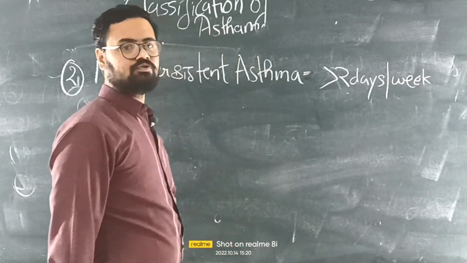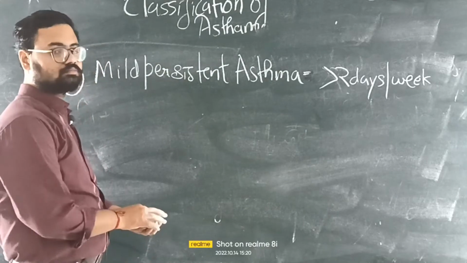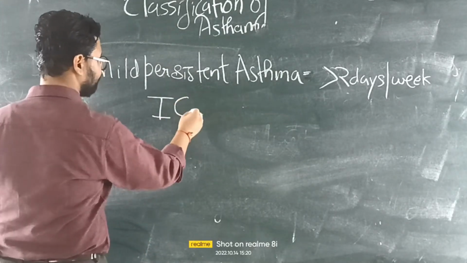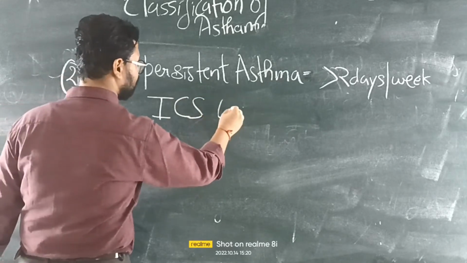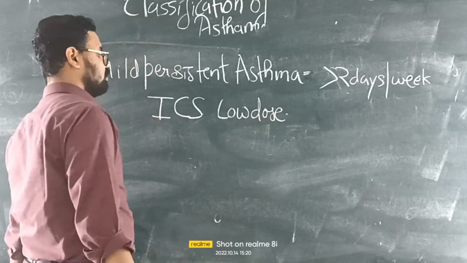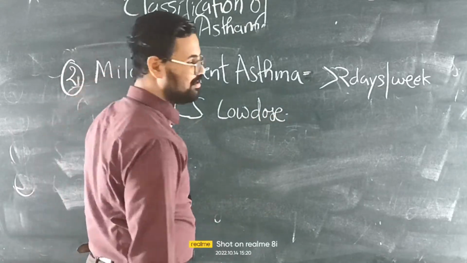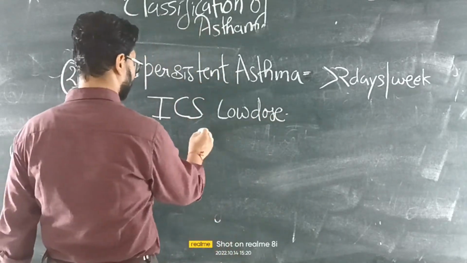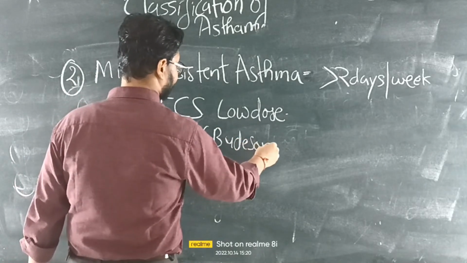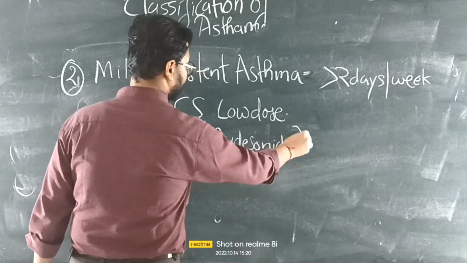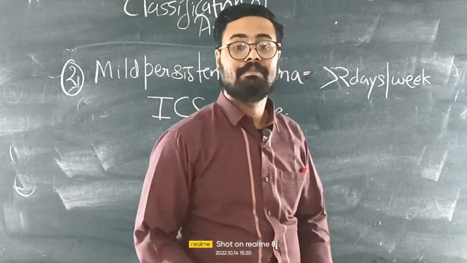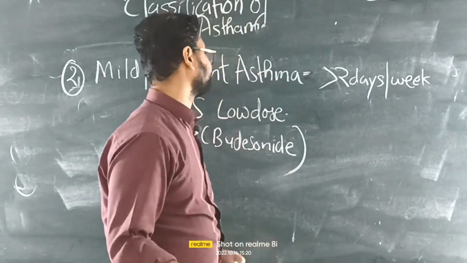What will be the treatment of choice? The only treatment of choice is ICS in low dose, inhaled corticosteroid in low dose. That means only budesonide we will give. This is the treatment of choice in mild persistent asthma.